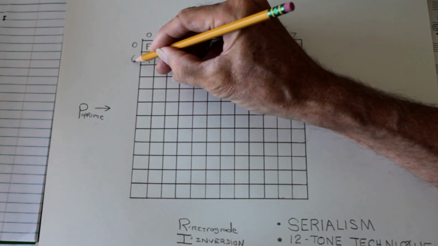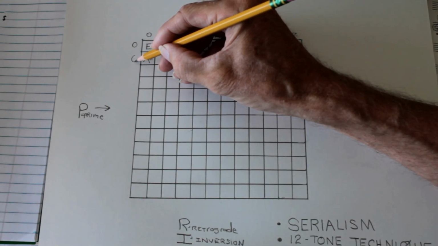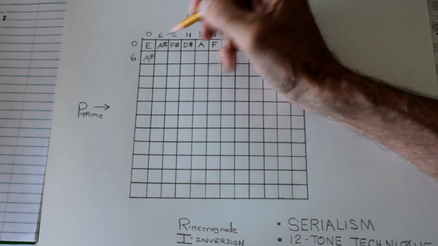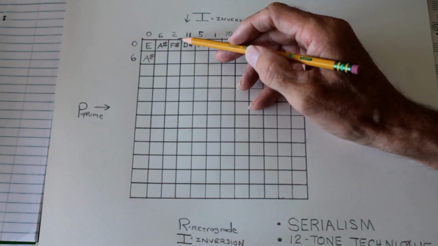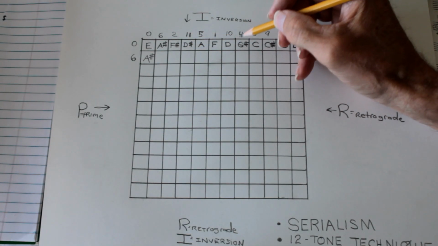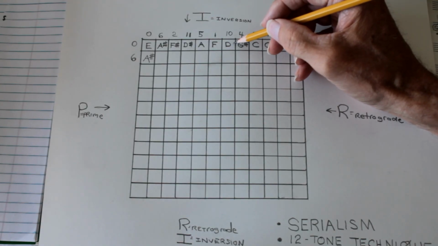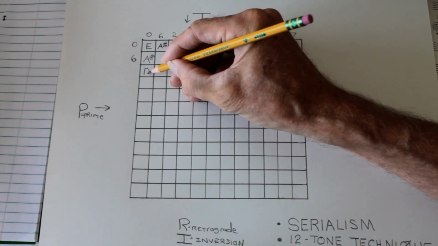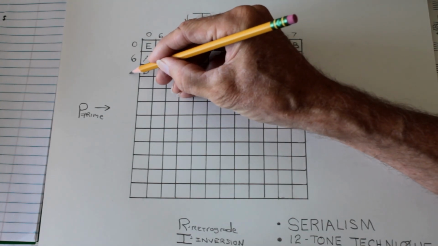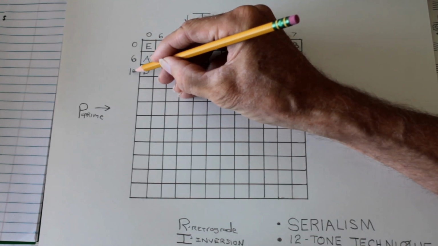And that's 6. Okay, what plus 2 equals 12? That would be 10. So the D would go next. 10.